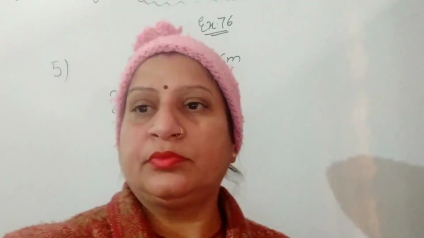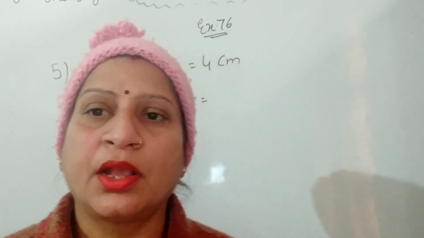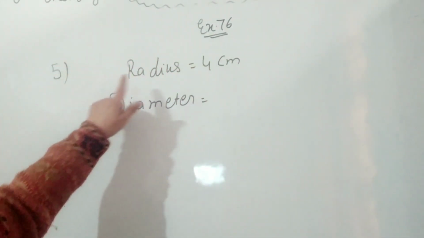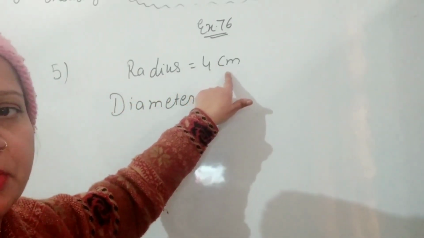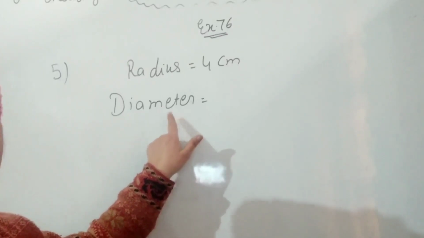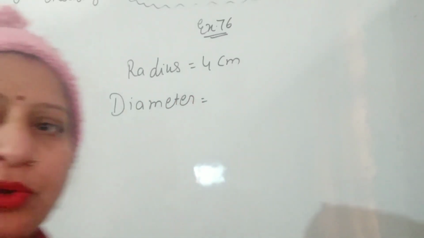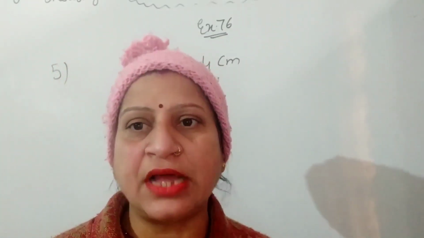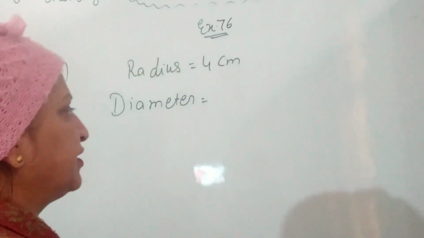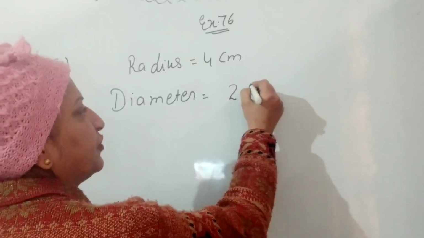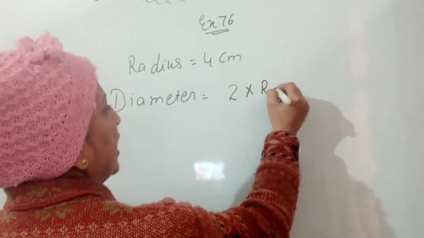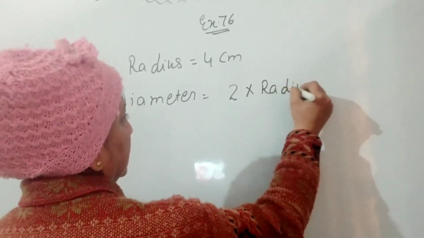Now we do the next question. In the next question we are given the radius equal to 4 centimeter, and we have to find the diameter, and we know that the diameter is 2 times the radius. So we write the formula of the diameter: 2 multiplied by radius.